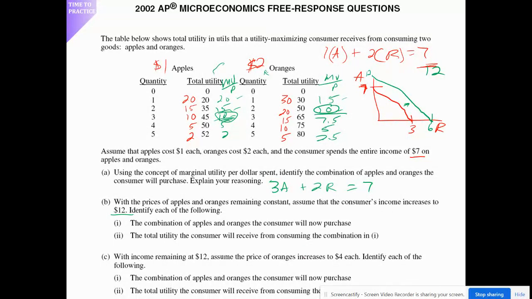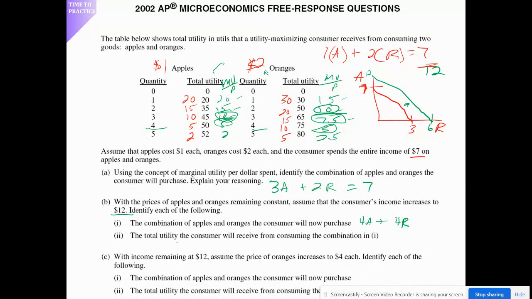Well, let's look. After we are at 10 and 10, we're definitely going to buy this fourth orange. Now the question is, are we going to buy here? Let's go 5 and 5, or marginal utility per dollar 5 and 5. So we would buy 4 apples and 4 oranges, because 4 oranges would be $8 plus 4 apples, which would be $4.